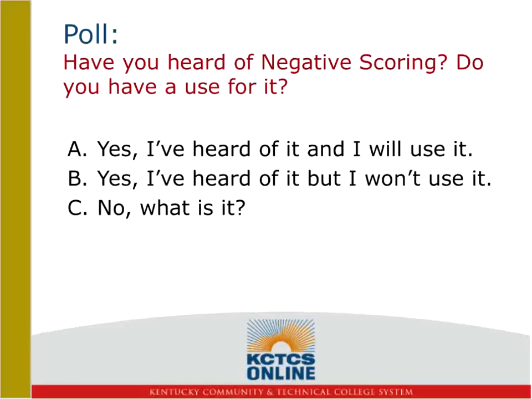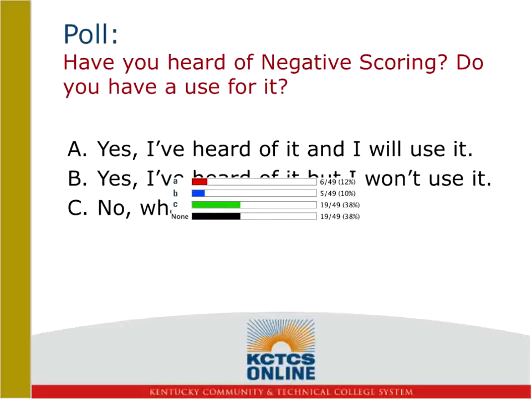Okay, once again, looks like we have a large number of folks who either know what it is but haven't used it, or they don't know what it is. And so we'll look at this too. Negative scoring allows you to actually take points away from students if they select a certain answer.